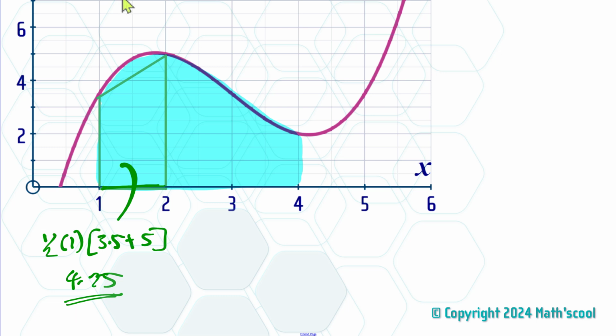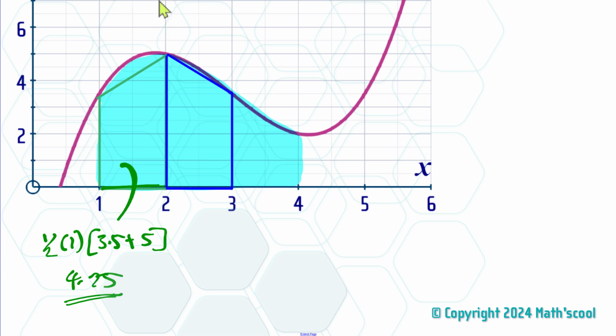Okay, now I'm going to move on and do the next one, and I'll do that in blue. So the next shape I'm going to draw is this trapezium here. This one's still an underestimate, but it's a lot more accurate.